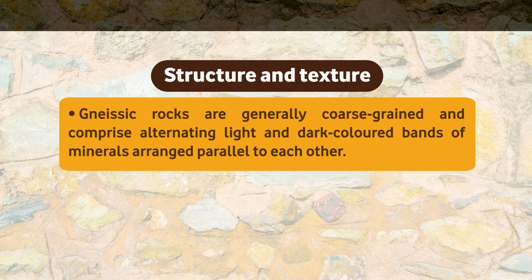These are generally very coarse grained and they comprise alternating light and dark colored bands of minerals arranged parallel to each other. The light colored bands consist of quartz and feldspars, and the dark colored bands may consist of mafic minerals like amphiboles, and other mafic minerals also can be present.